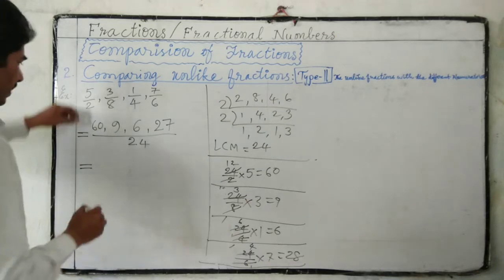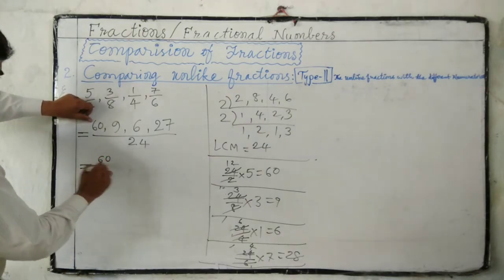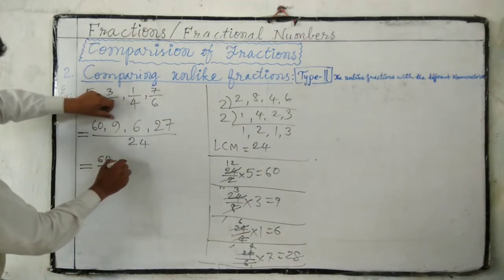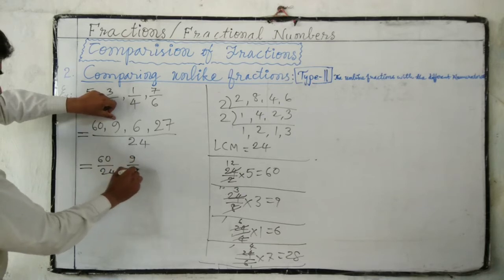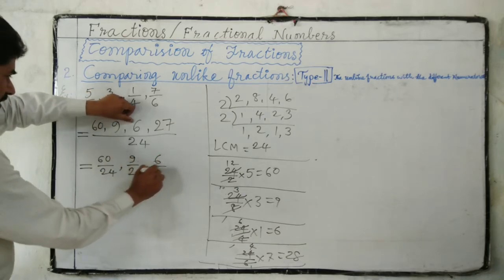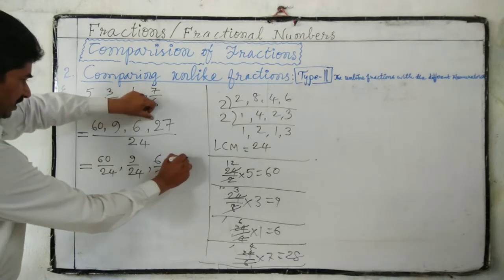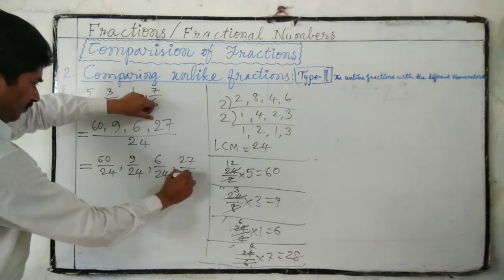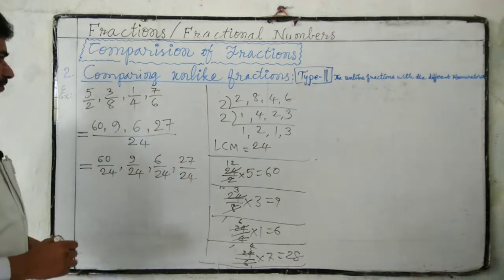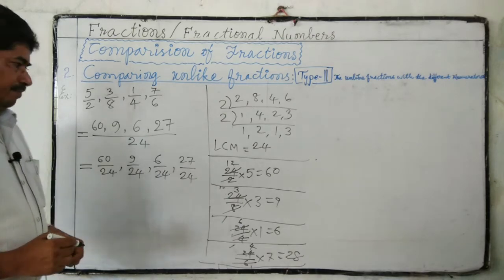We can write separately 60 by 24, 9 by 24, 6 by 24, 28 by 24. Now we can compare easily.